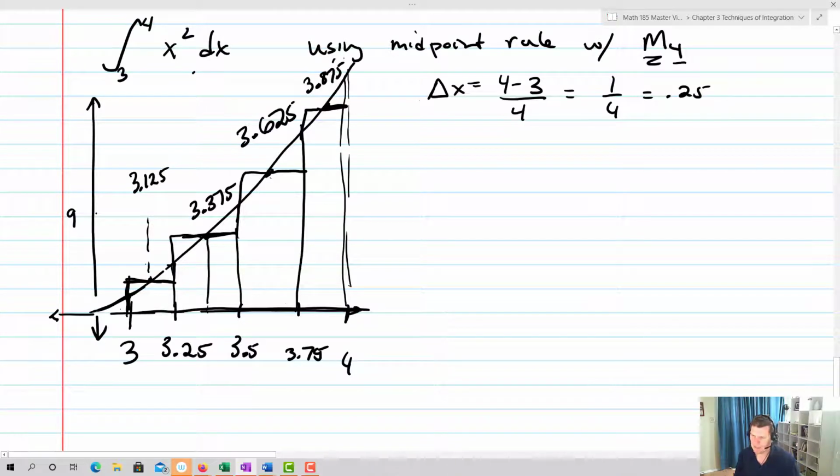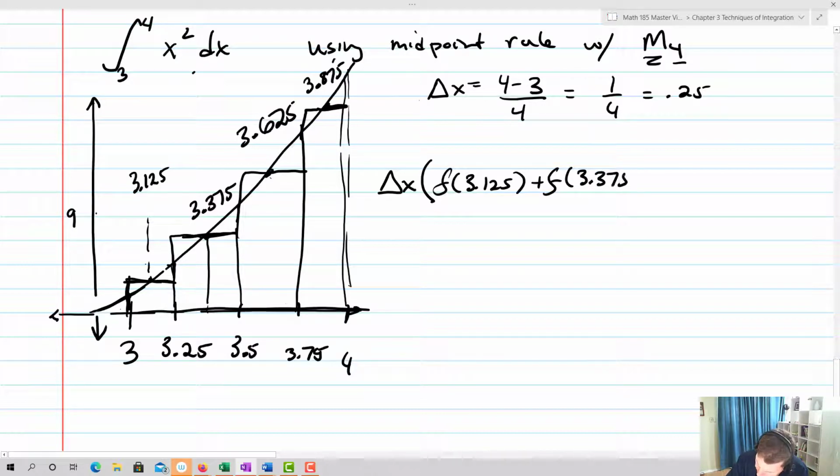Okay? So now using the midpoint rule, what I can do is I can just write this as delta x times f of 3.125 plus f of 3.375 plus f of 3.625 plus f of 3.875.